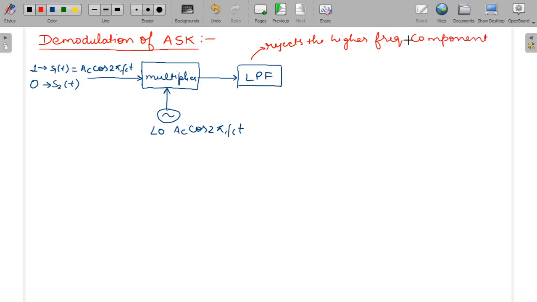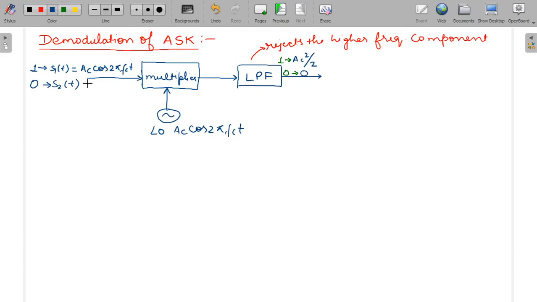It simply rejects the higher frequency component. Now when 1 is transmitted, then we will get the signal here as Ac squared by 2. For 1, how will we get it? I will explain. For 0 we will get 0.